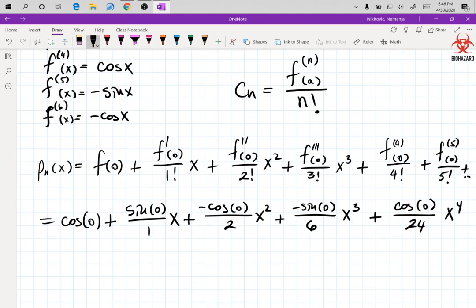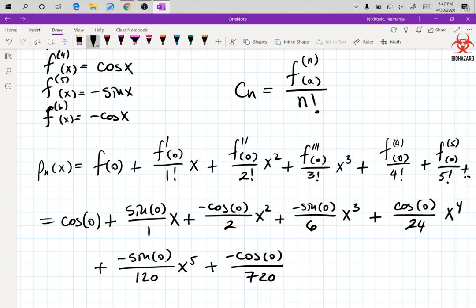Let's go more. Plus the fifth derivative is negative sine of 0 divided by 120, that's x to the 5, plus negative cosine of 0 for the sixth derivative, 720 for the 6 factorial, x to the 6, plus dot dot dot going forever.